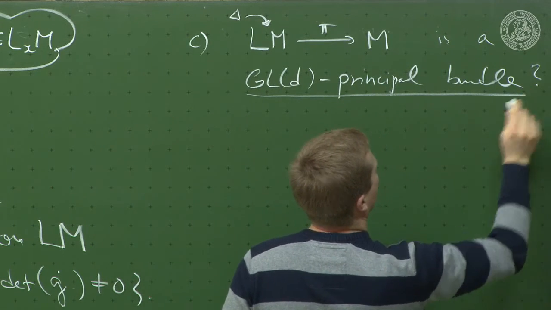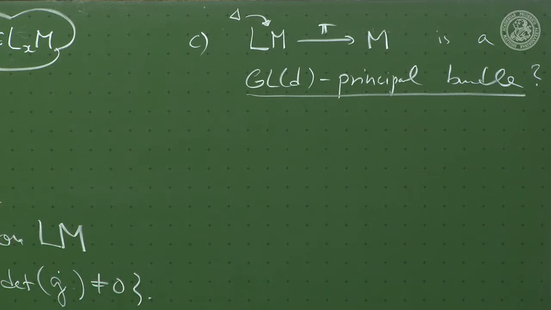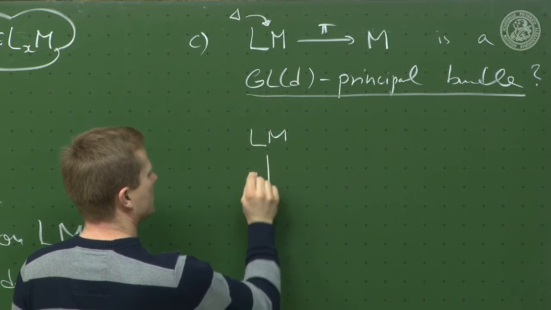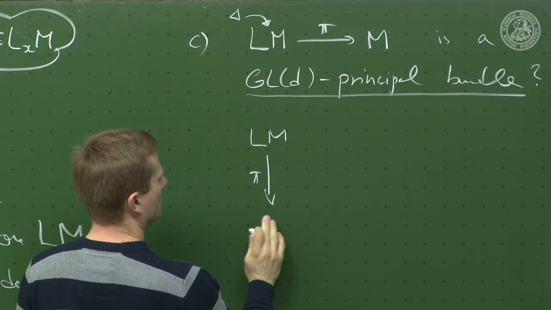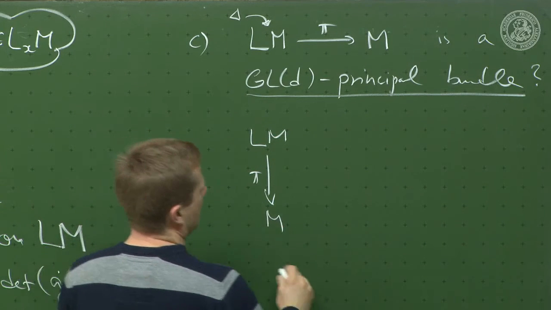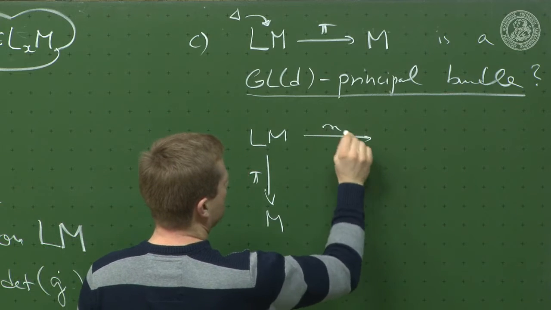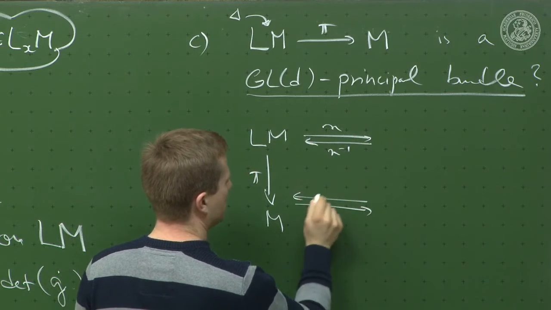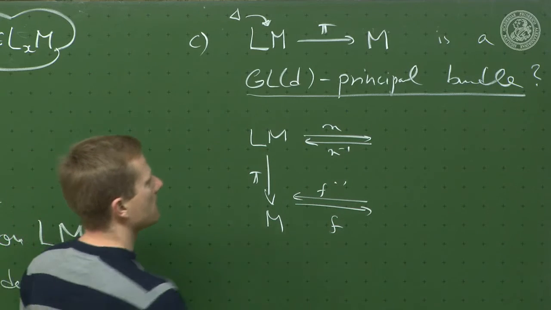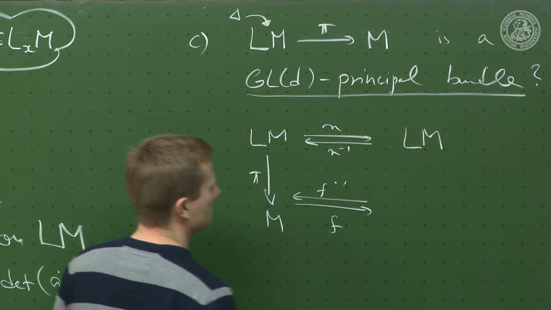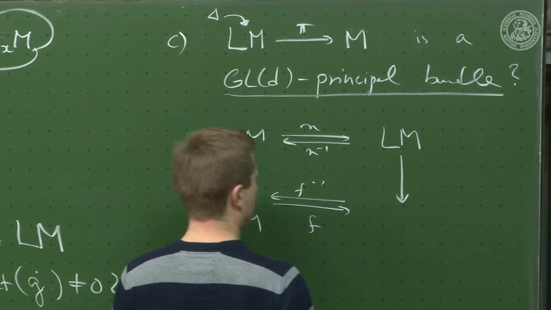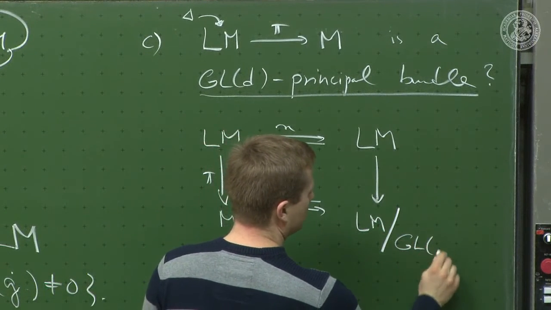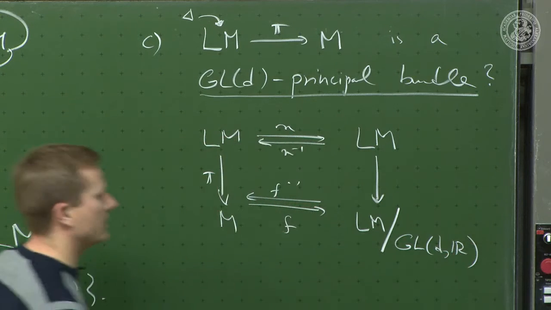Okay. What do you have to check for that? Well, if you look at your bundle, you've got to check whether you have a bundle map that's an isomorphism, so there should be an inverse like this, to the same total space going down, where you take the quotient with respect to the group you have here.